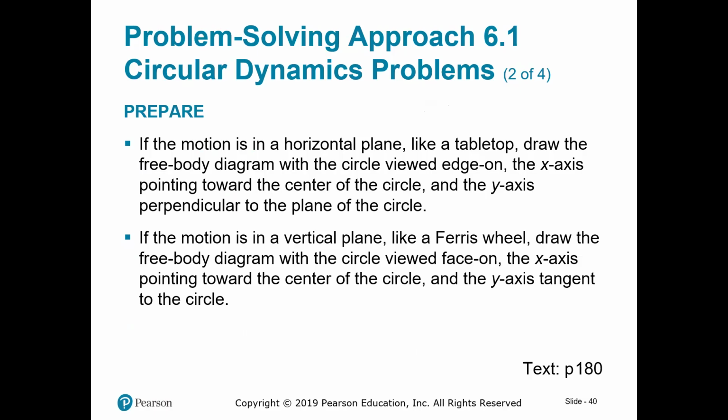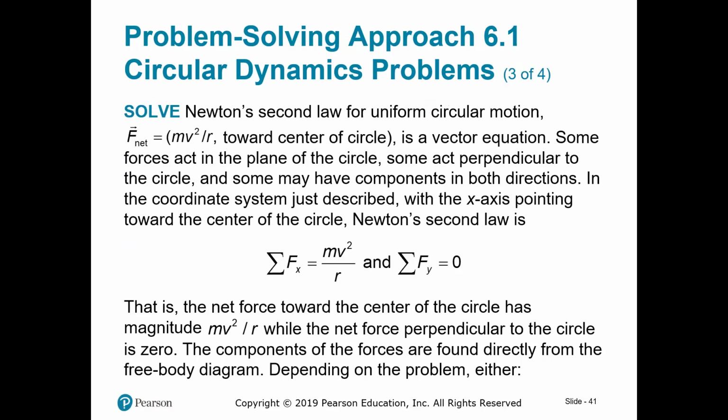So in other words, if the motion is in a horizontal plane, draw the free body diagram first. And if the motion is in a vertical plane, like a parallel hill, draw the free body diagram in a vertical view. So it doesn't matter, right? And again, F net equals, you have one more step here, m a.